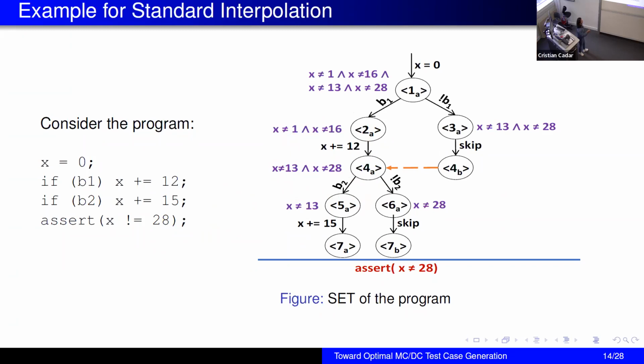Later, when we came to 4b, we found that our context implies the interpolant already at 4a, so we have not explored the subtree below 4b, and that's how we do the subsumption and prune the execution tree.